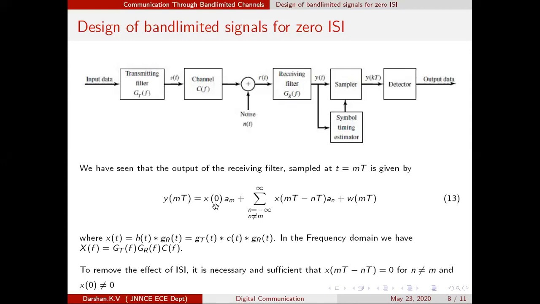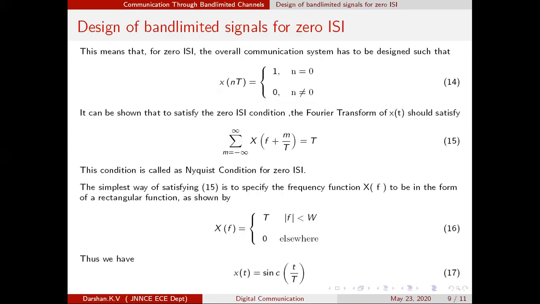So therefore the 0th sample we will keep as it is, and the remaining samples of x of t should be made 0. Then what value are you going to give for x of 0? Any positive value you give, but for the sake of simplicity and proper reception, we will keep x of 0 as 1. So that is what we are writing over here.